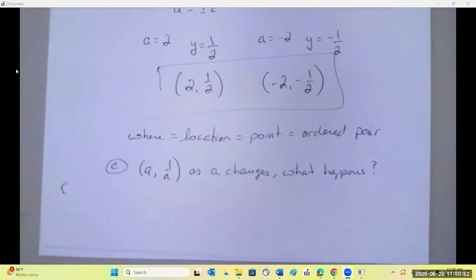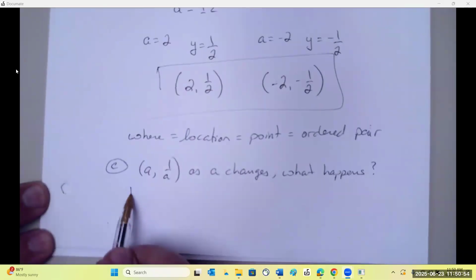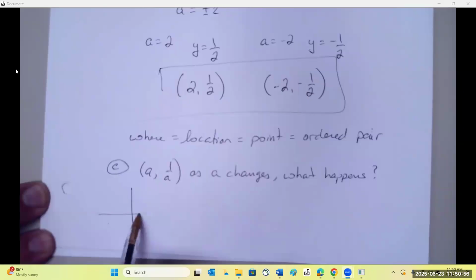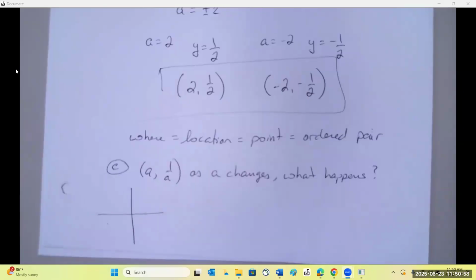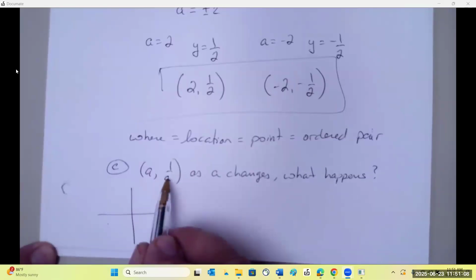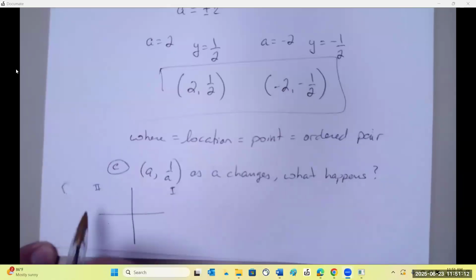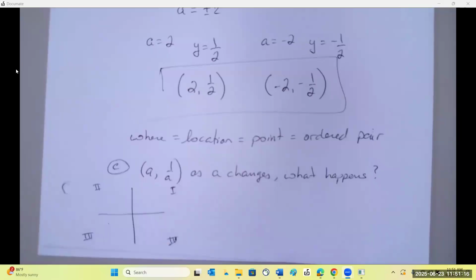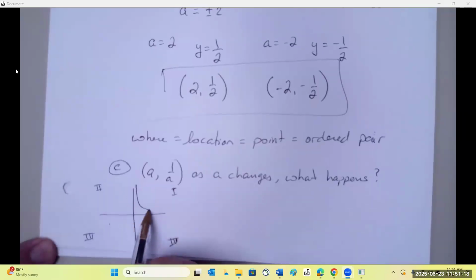What's the graph going to look like? What's the graph of our function 1 over x? In which quadrants? This is quadrant 1. This is quadrant 2, 3, and 4. 1 and 3, right?